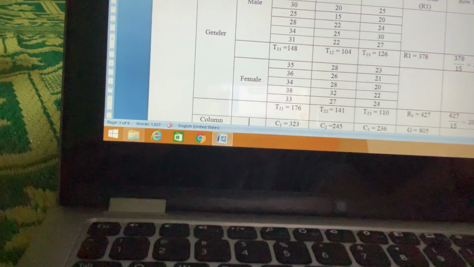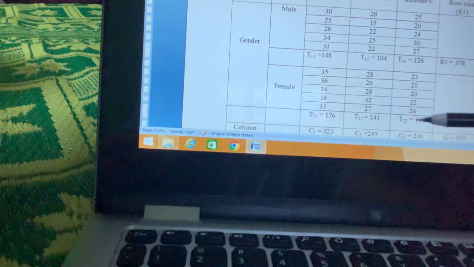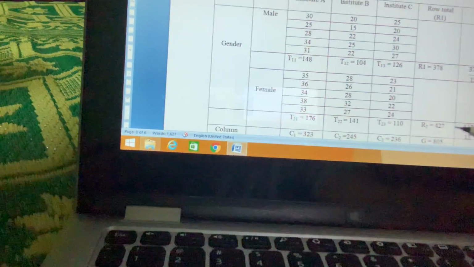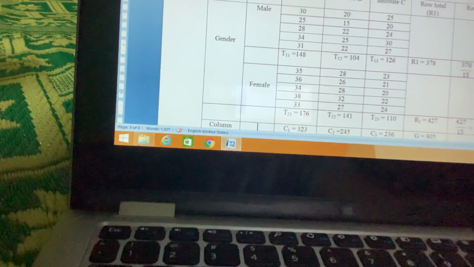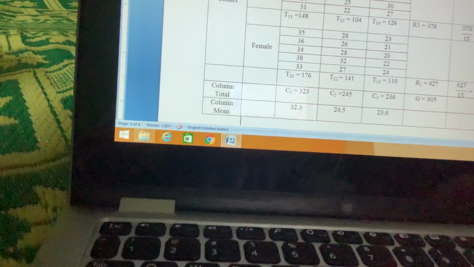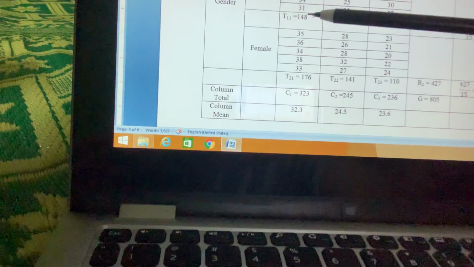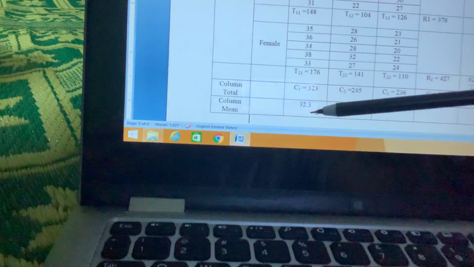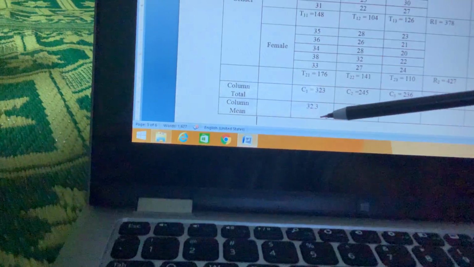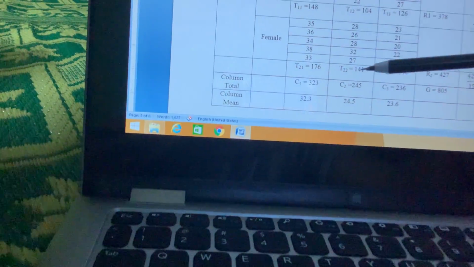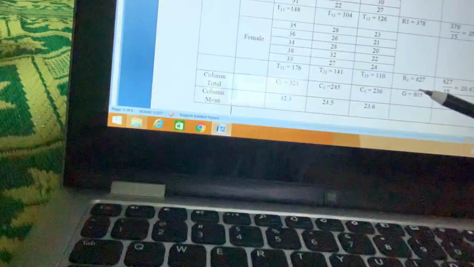Then this is for female, this is the females total, then this is the row total of female and the mean of female. Okay. Then column total, that means plus 148 plus 176 divided by 10, because 5, 5, 10 scores are there, 104 plus 141, 245 divided by 10. So, these are the column totals and these are the means. G is grand total. Grand total means total of these 3 scores.